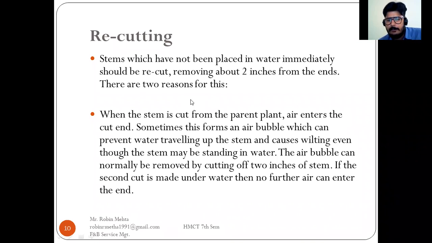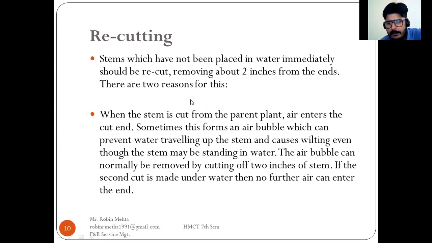The stem may be fully dipped into the water, but due to the air bubbles the water is not traveling properly into the stem and it causes withering. Withering means it may get dried or ripen, or lose its actual shape, color, fragrance and freshness.